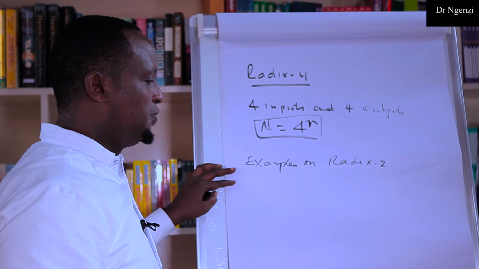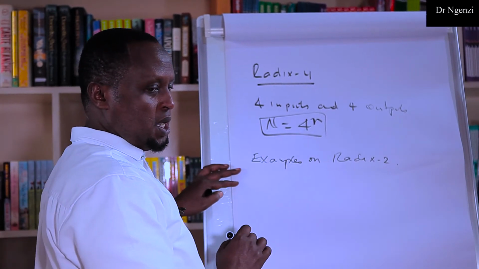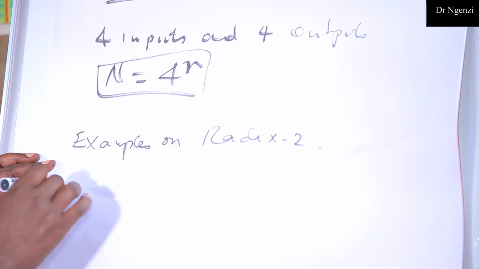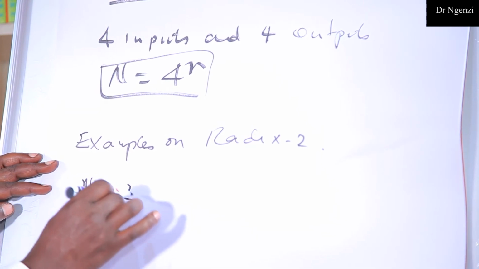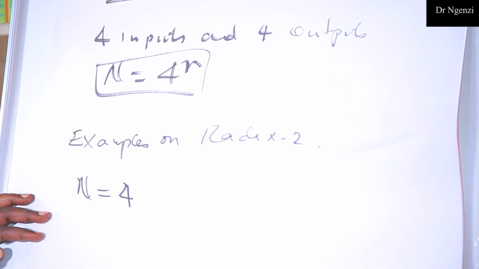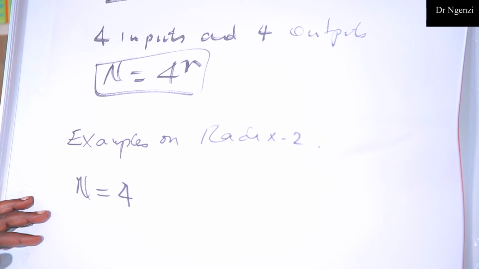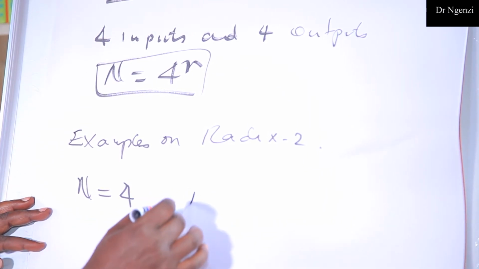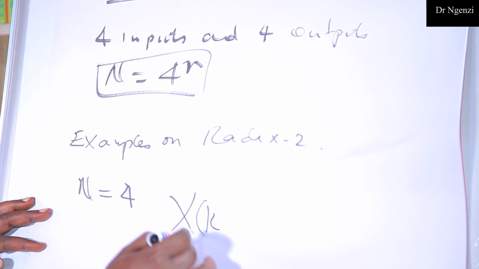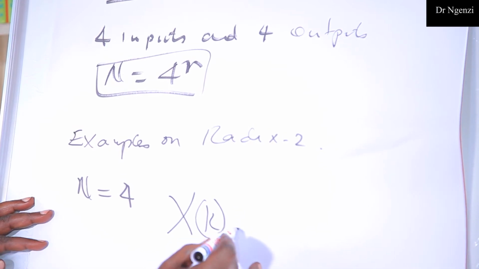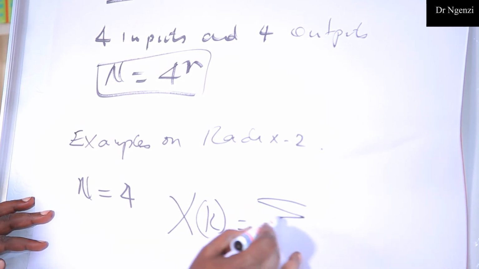So suppose you have, for example, N is equal to 4. So you are going to compute the DFT at N equals 4. And we have our formula, which is the normal formula that you all know.